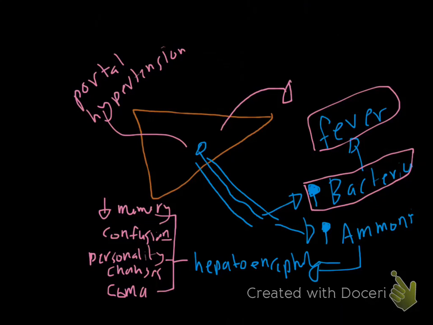We will talk about portal hypertension in a separate video, but now I will say that portal hypertension will lead to ascites, esophageal varices, and splenomegaly.